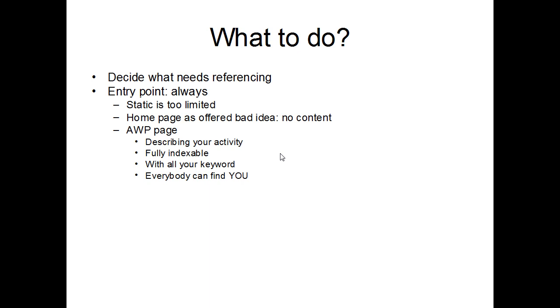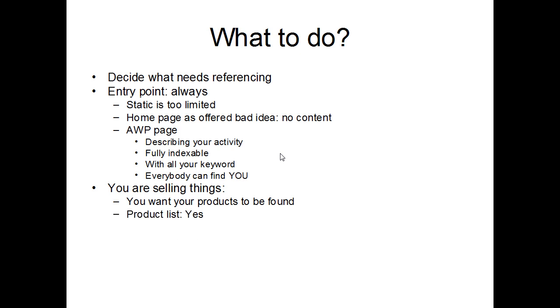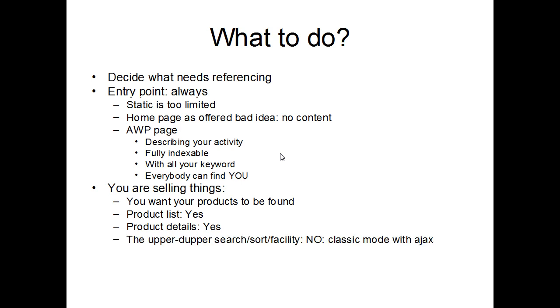So if you are selling things, you want your products to be found. That's generally a given. So the product list or catalog, yes, you want it. The product details, yes, you want them referenced. Now, when you create a super duper page with the search, sort, and everything else in between, facility for your user to find product, no, that page doesn't need to be indexed by the search engine.